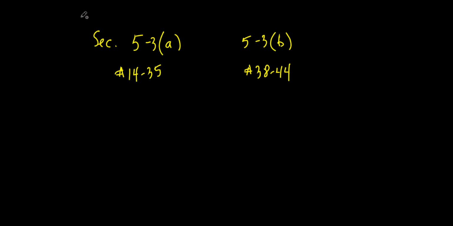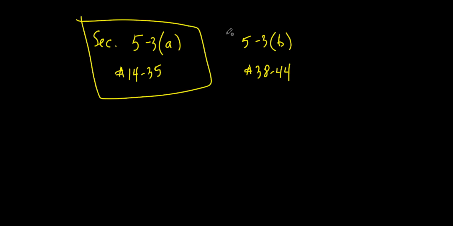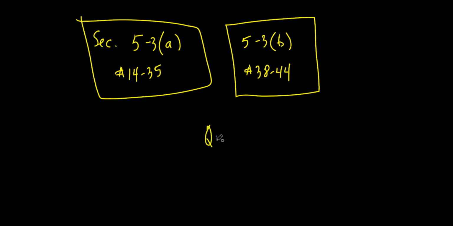So those are two separate assignments. Do them on two separate papers. Tonight, get this done. And then tomorrow in class, we're going to go over 5.3a. I'm going to give you time to work on 5.3b. And we're going to do a brief review for a quiz. And the quiz is on what? Wednesday? And it's 5.1 to 5.3.